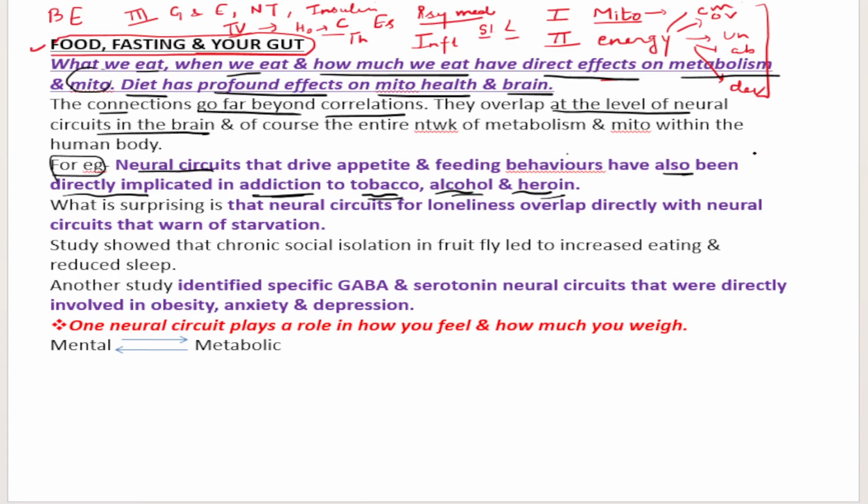So same neural circuits for appetite and addiction. And what is surprising is that neural circuits for loneliness overlap directly with the neural circuits that warn of starvation.